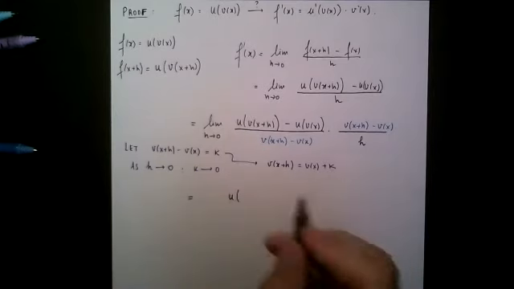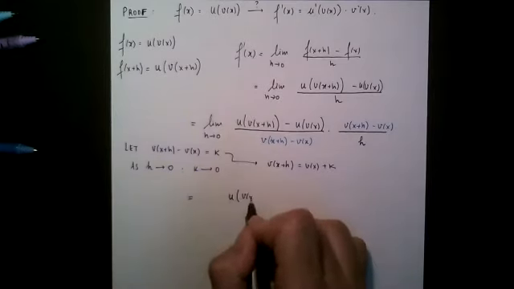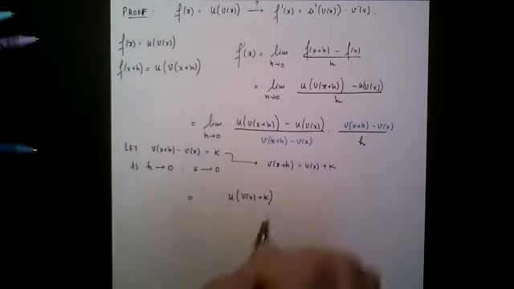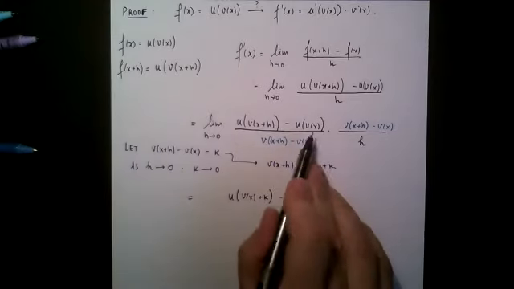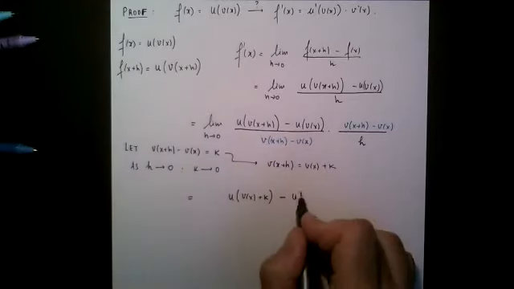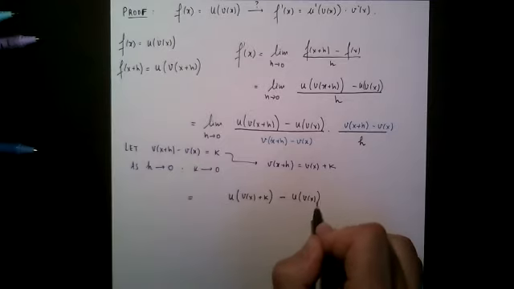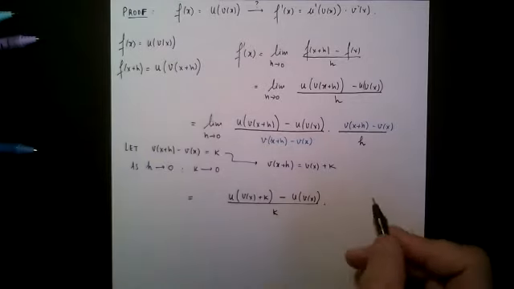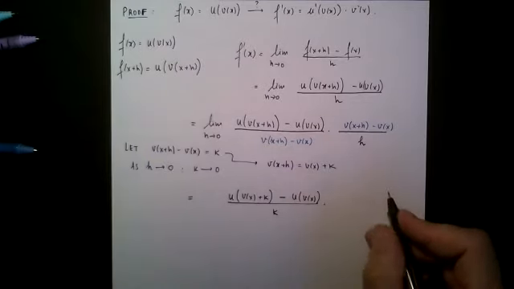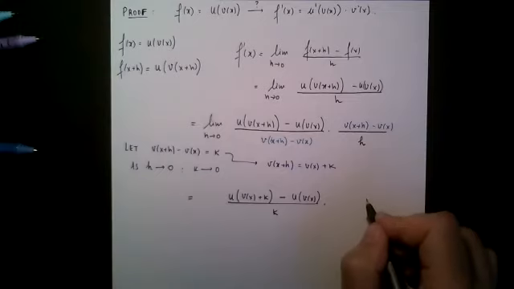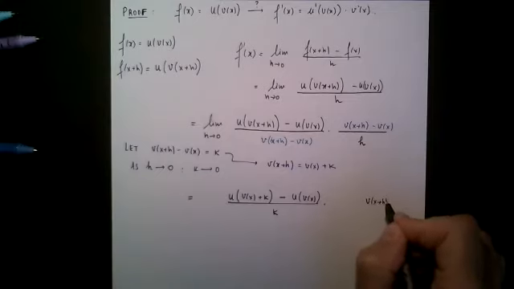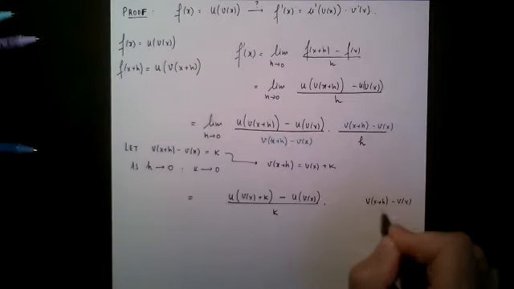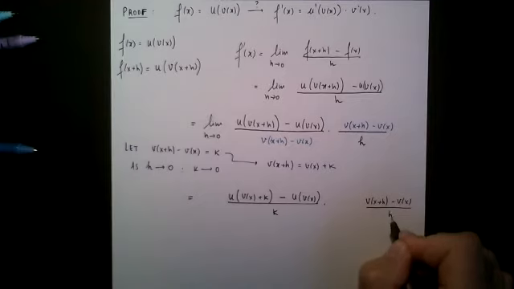So u of v of x plus k minus u of v of x, divided by, and now the bottom is k, times v of x plus h minus v of x over h.